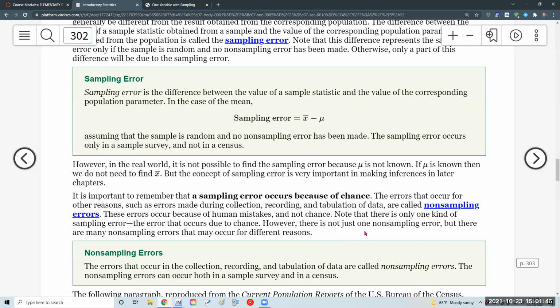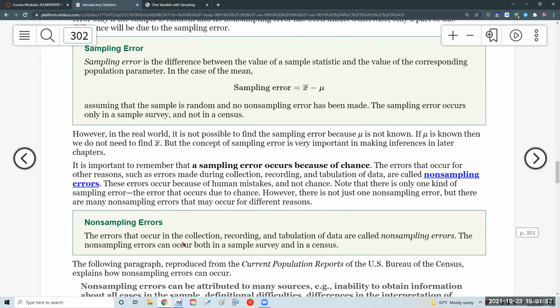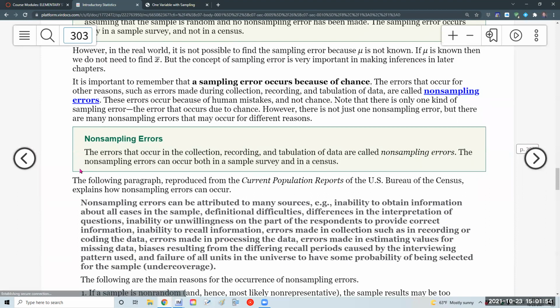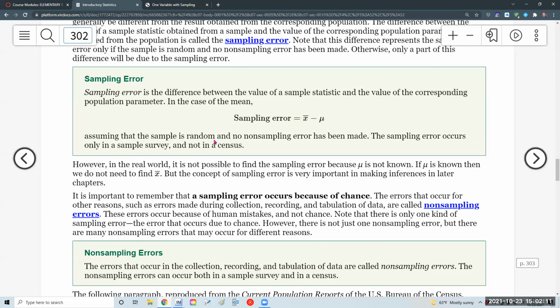However, there are many non-sampling errors that may occur for different reasons. Non-sampling errors can occur both in a sample survey and a census, whereas sampling error can only occur in a sample, not a census.